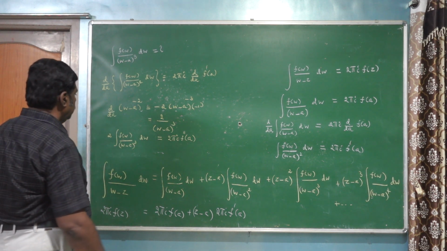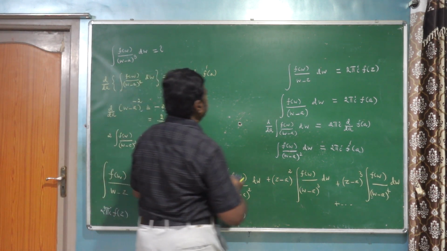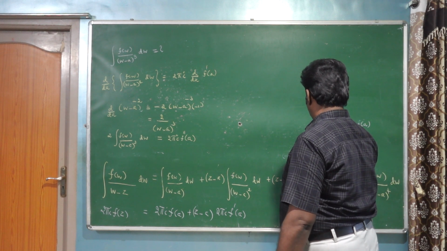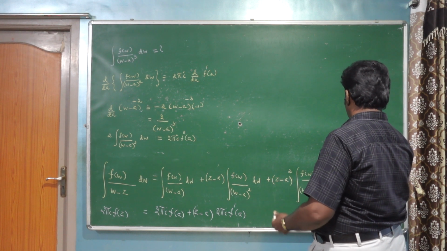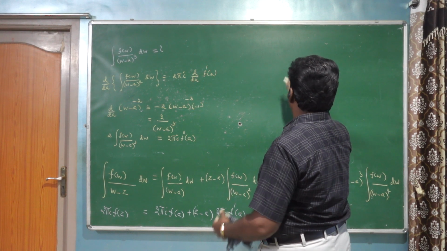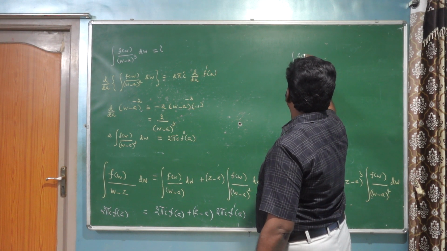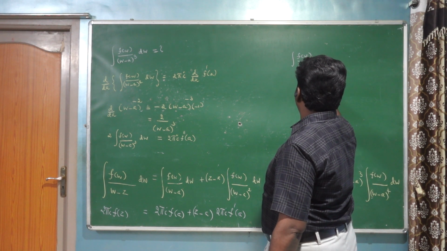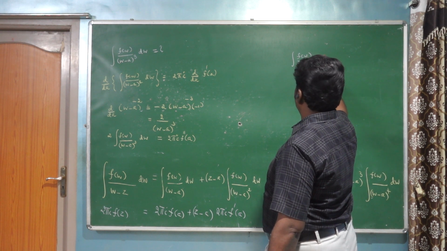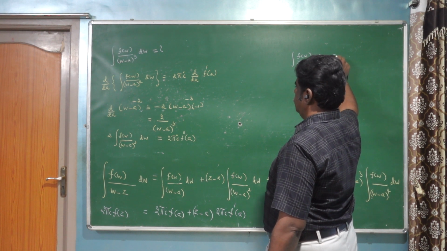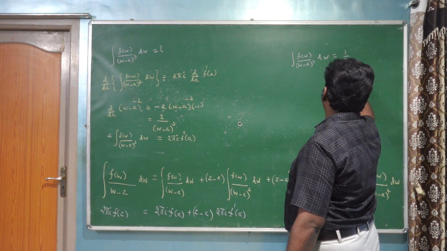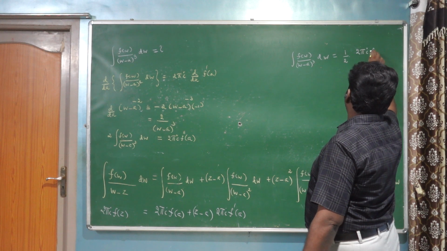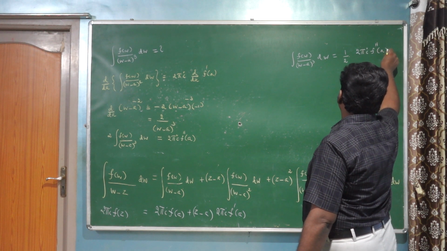Then the integral of f of w divided by (w minus a) whole cube dw is equal to 1 divided by 2 into 2 pi i into f double dash of a.